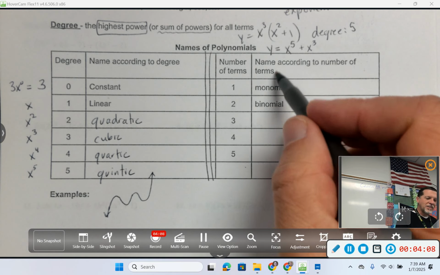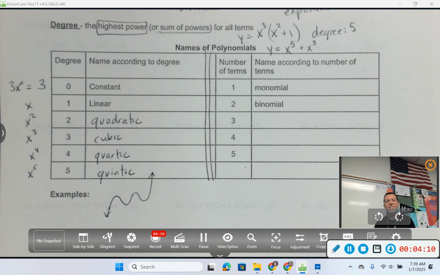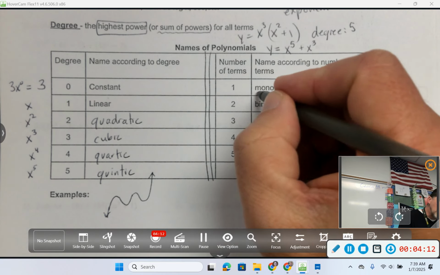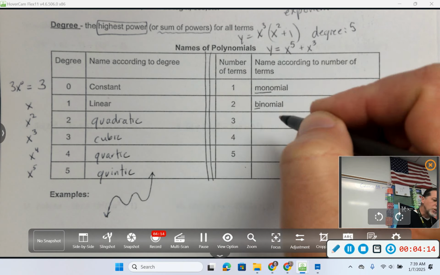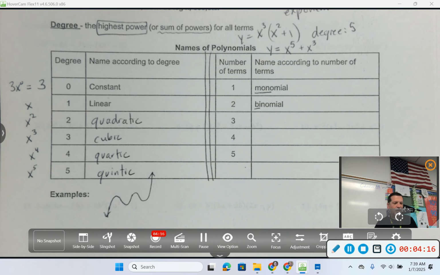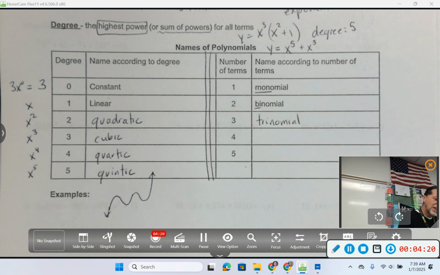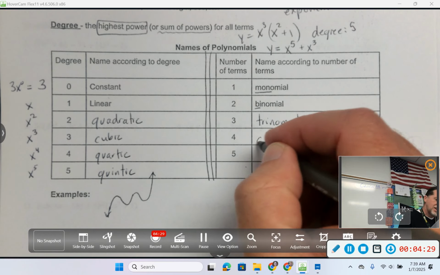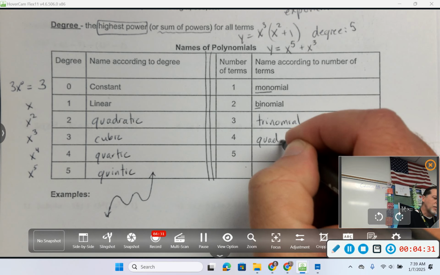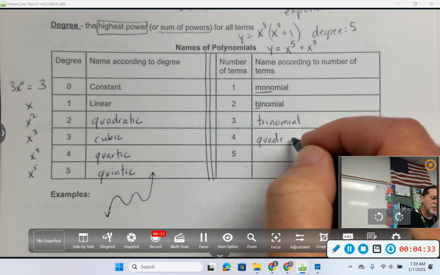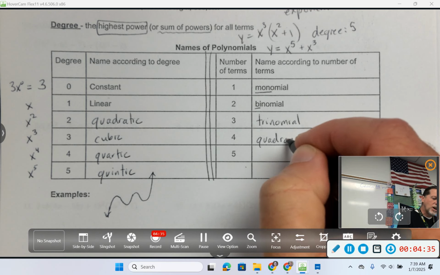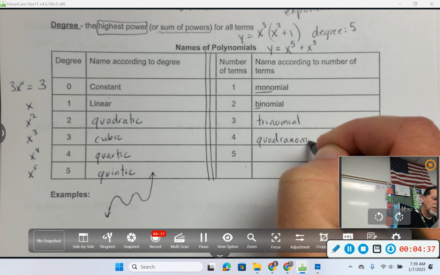Let's come over here and work on some more prefixes. Monomial, mono, 1. Binomial, 2. Trinomial, 3. I think quadrinomial. I think at some point you don't worry about how many, you just call it a polynomial. Quadranomial.